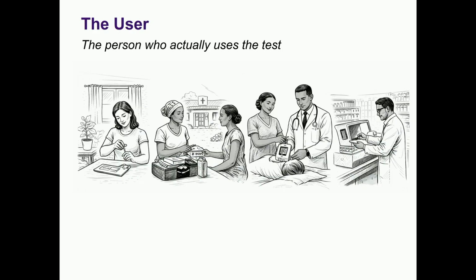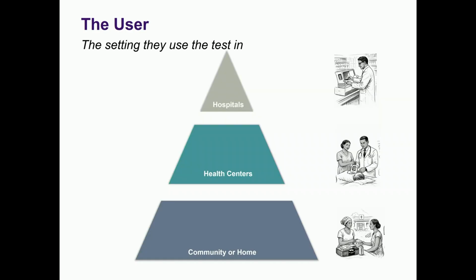So there's a wide variety of users that you could choose from. And then also thinking about the setting that these users work in. Do they work in a hospital where there's maybe 5 in the country, or are there 100 in the country? Do they work in health centers, which might be thousands of different healthcare workers that you're trying to access?